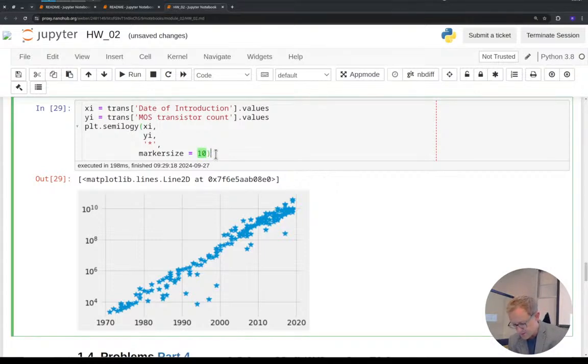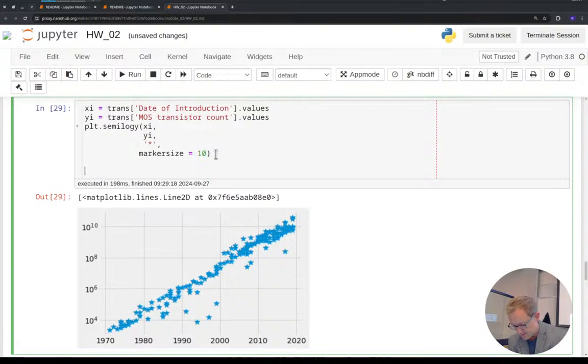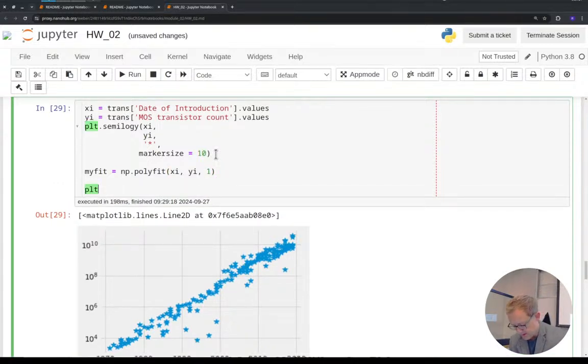So I could just try saying my fit is np.polyfit of xi, yi, order 1, and let's just plot that. And it's on a log scale, so let's try it.